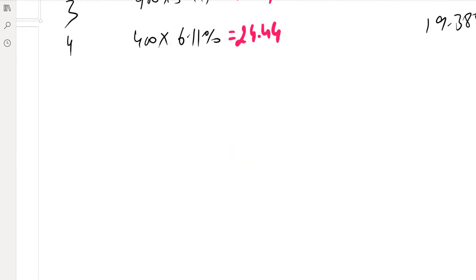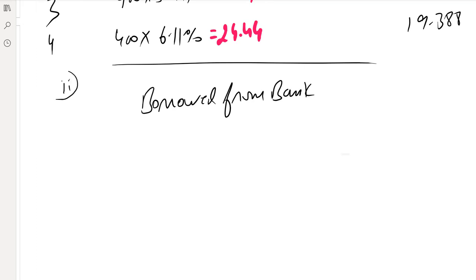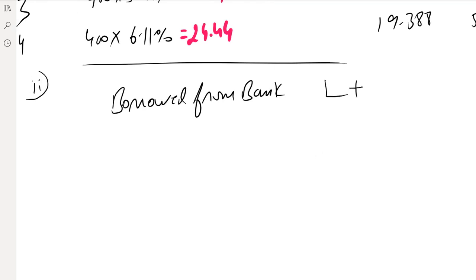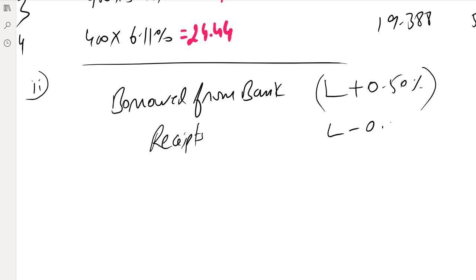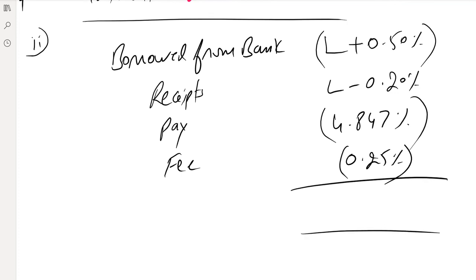So we have locked our position, that is, first of all we have borrowed from bank at LIBOR floating plus 50 basis point, and we are receiving floating minus 20 basis point, and we are paying 4.847%, and we are also paying a fee of 25 basis point.